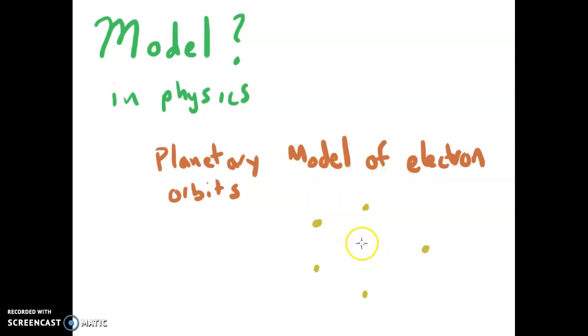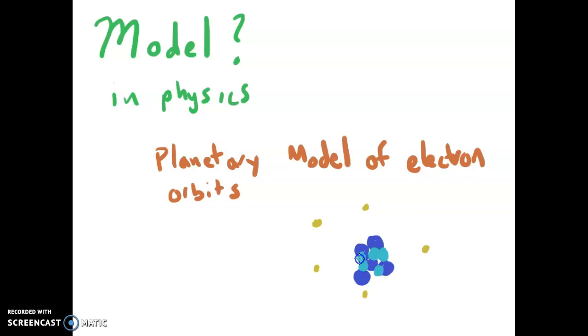So in this model, the electrons, which are in yellow, orbit the protons, which I'm drawing in blue here, and the neutrons, which I'll draw in kind of a lighter shade of blue here.